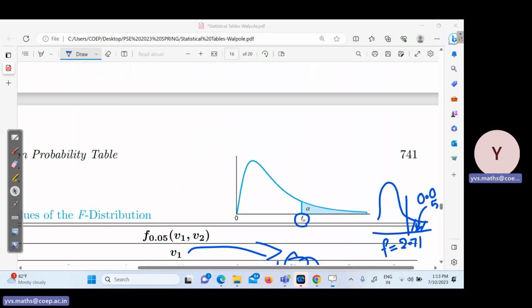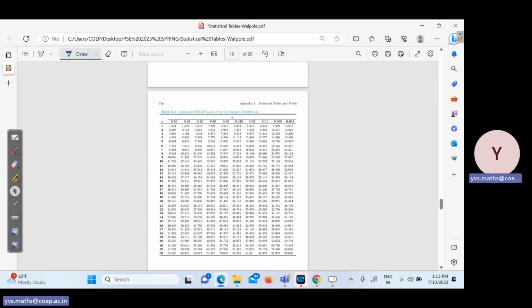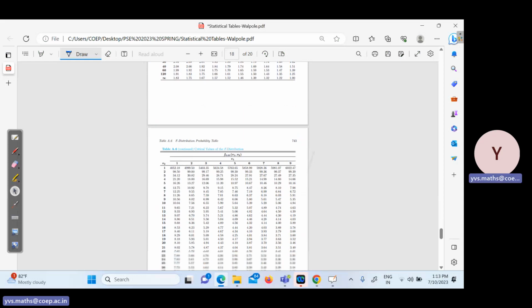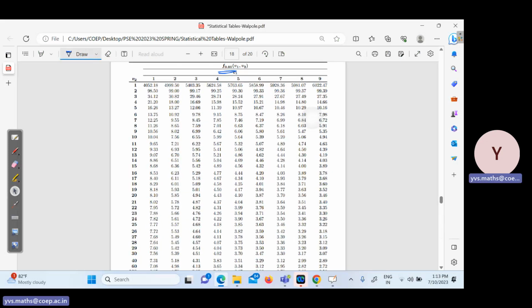Now let me switch to the statistical tables. My statistical tables for 0.05 have 2 pages, and now I'll go to 0.01. So here you can see it is for 0.01.